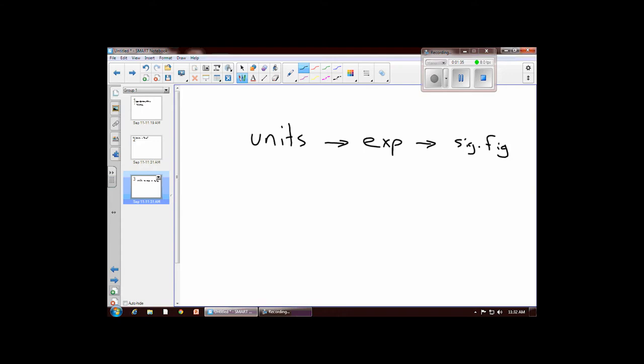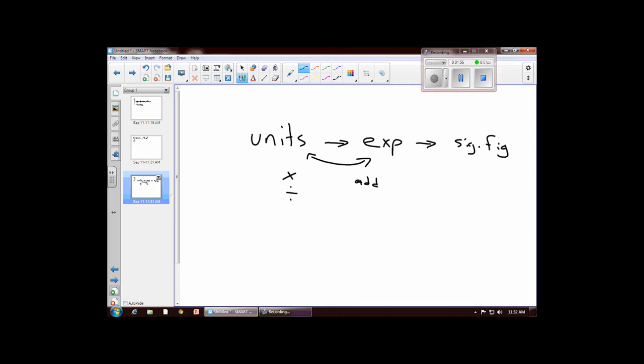What's kind of cool about this is, when we're multiplying, what do we do with the exponents? We add the exponents. Whatever we do for the exponents, we also do for the units. So if I would normally add the exponents, I'm also going to add the units. What about dividing?